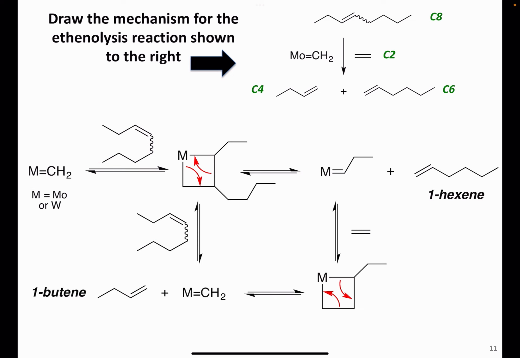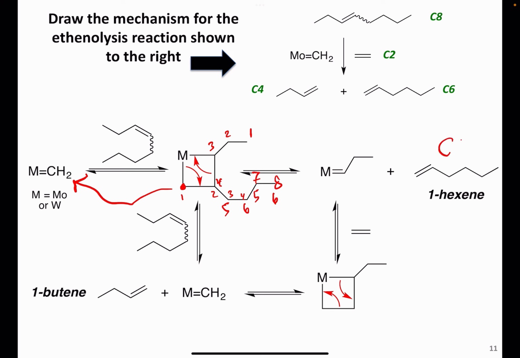And so when that initial metallacyclobutane forms, notice again, here's 1, 2, 3, 4, 5, 6, 7, 8. This carbon is the same as the methylidene carbon. If you now open up in the productive direction, you liberate 1-hexene. So here's 1, 2, 3, 4, 5, 6.